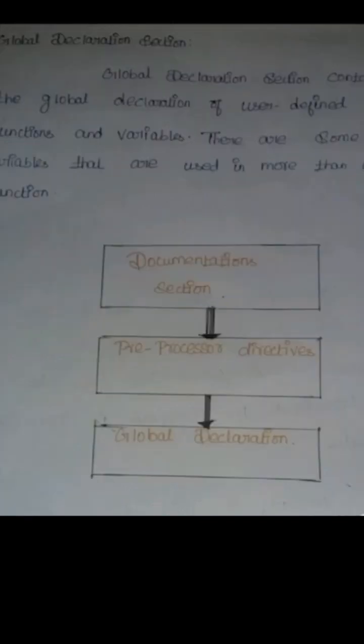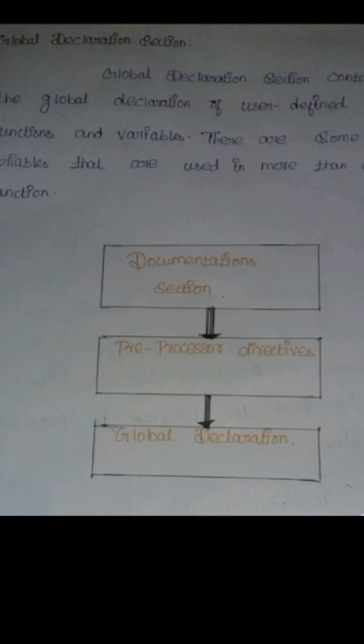Then fourth one is the global declaration section. The global declaration section contains the global declaration of user-defined functions and variables. There are 2 parts of declaration. One is local declaration and another one is global declaration.